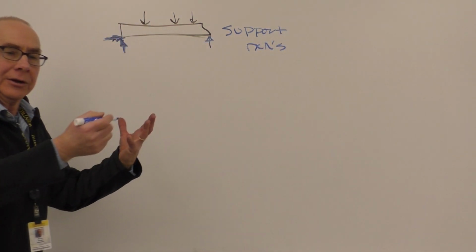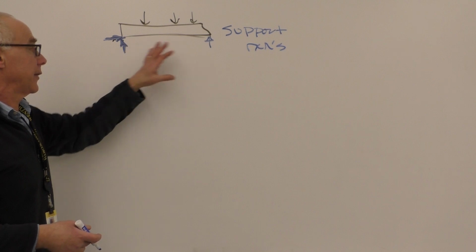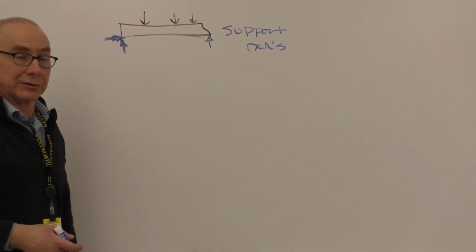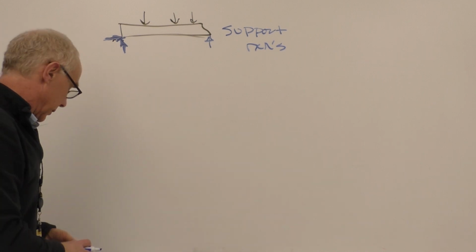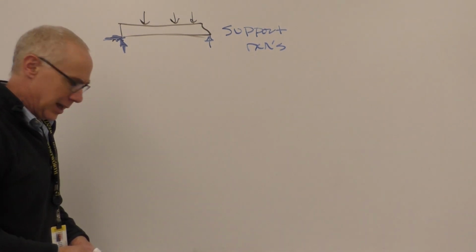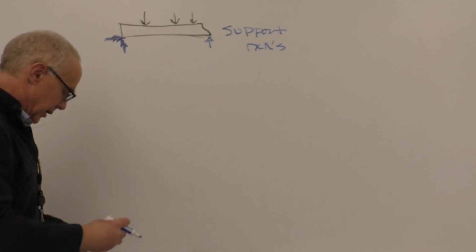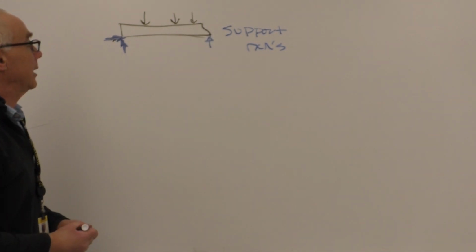That's what we need to find out, a method to evaluate what these support reactions are. In other words, what are the values, the magnitudes of those support reactions. So we're going to present a method of doing this.